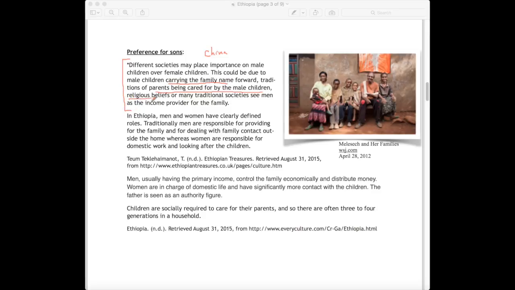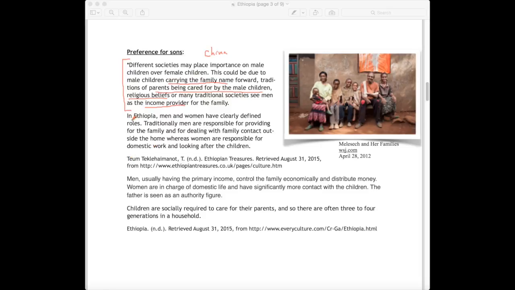Or religious beliefs, right? There might be some societies that say males are more religiously important. And then also in some societies, males are seen as the income providers, the people that make money for the family. So let's look specifically again at Ethiopia. Here are a couple examples, and I give you the resources below that you can also check for more information about this.